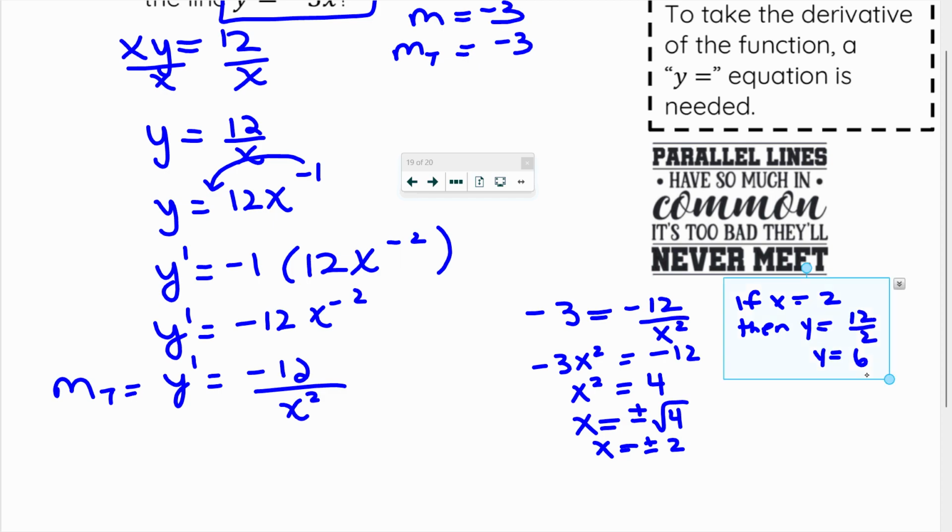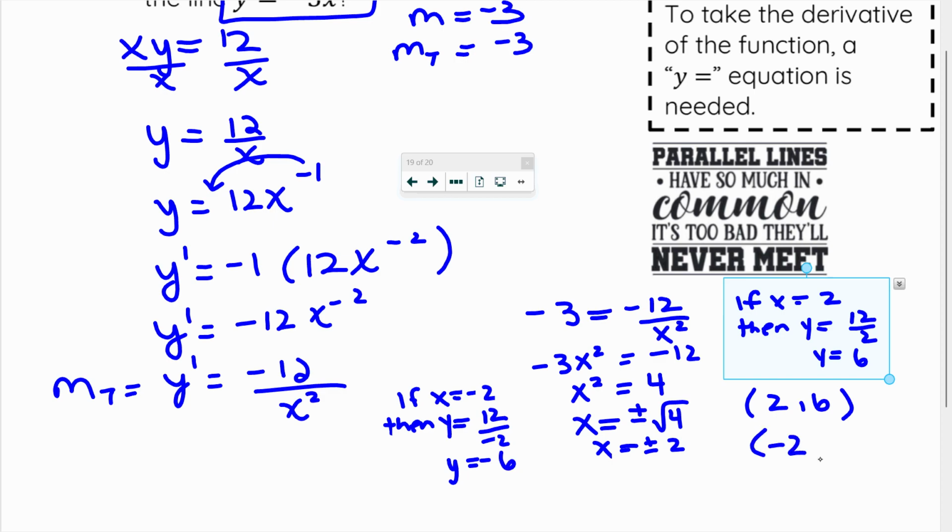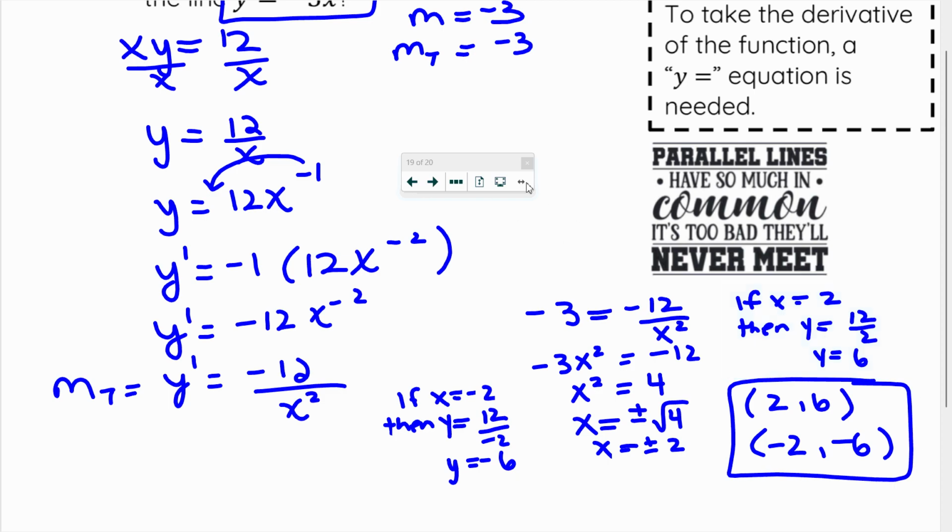So one of the points is (2, 6). Conversely, if x is equal to -2, then y equals 12 over -2, which is -6. So another point is (-2, -6). So those are the 2 points of tangency to the hyperbola that have a slope of -3.